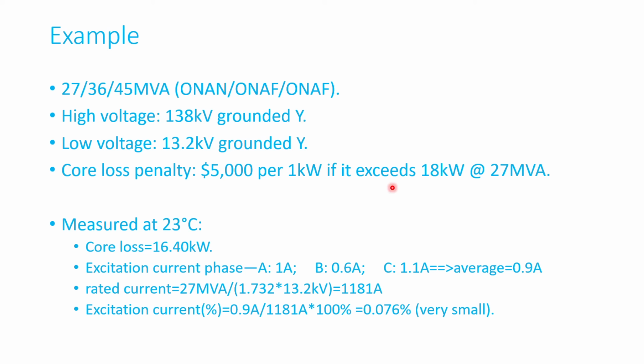So here's an example. Assume this is a 27/36/45 MVA transformer, the high voltage is 138 kV grounded Y, low voltage is 13.2 kV grounded Y. The core loss penalty is $5,000 per 1 kilowatt if it exceeds 18 kilowatts at the base MVA or 27 MVA in this case.